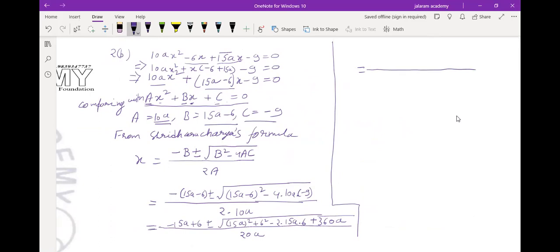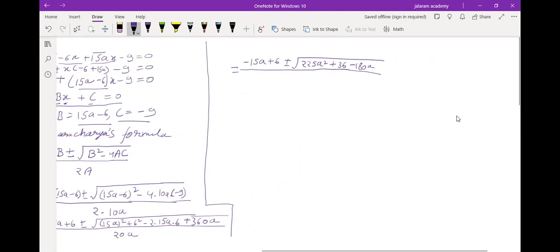Then it becomes minus 15a plus 6 plus minus under root of 15a whole square, which is 225a square, plus 6 square is 36, minus 2 into 15a into 6 is 180a.